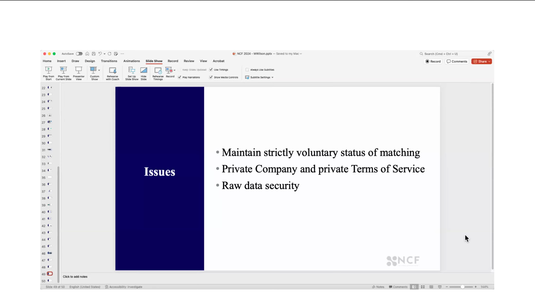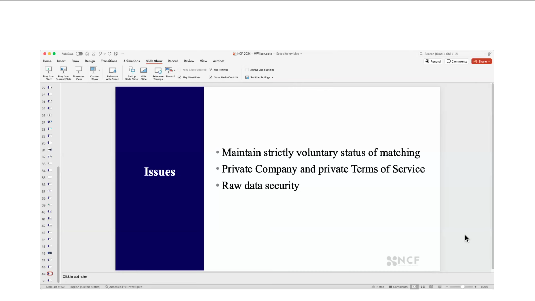Another issue, though, is that these are private companies. GEDmatch is a private company, now owned by Verigen and Qiagen, and Family Tree DNA is a private company. They have their own terms of service. These are not government entities. They're not subject to any government regulations and laws. So again, it's voluntary. It's outside of the public sphere for the most part. Although now the FBI is significantly increasing their footprint in this area, and so there are publicly funded law enforcement agencies that are solving these cases.